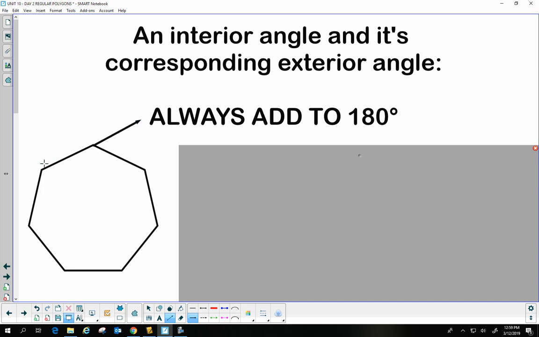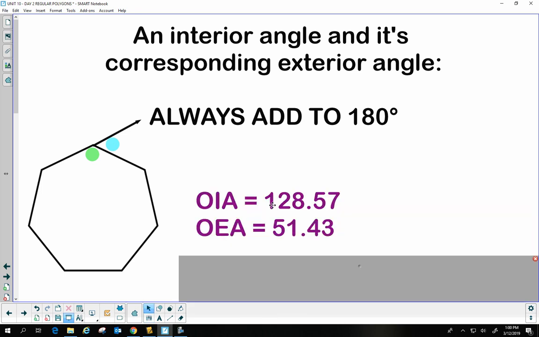And you can see that I'm trying my best to make a straight line with this side and that exterior angle. So we have an interior angle here that we found and an exterior angle there that we found. One was 128.57, the other one 51.43. If you add those two things up, you guessed it, they add up to 180.